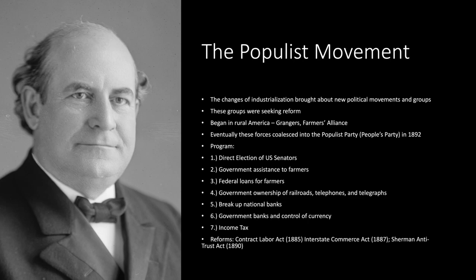There was the Interstate Commerce Act of 1887, which was really about regulating. Congress, according to Article 1 of the Constitution, has the right to regulate commerce between the states. So constitutionally, this is allowed.